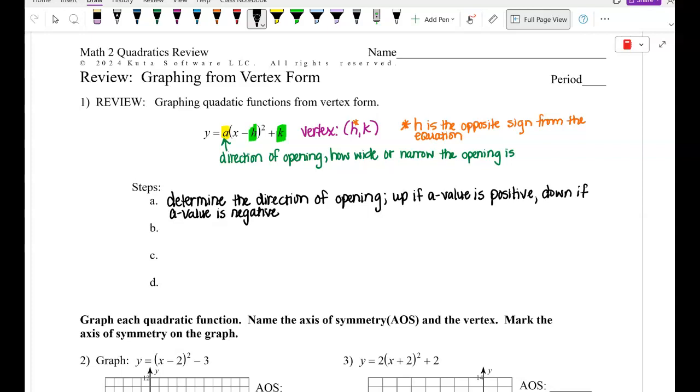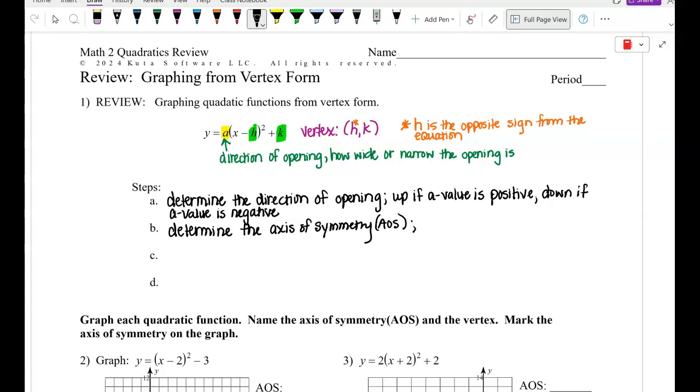The next step, determine the axis of symmetry. In parentheses, I'm going to put capital AOS, how we abbreviate it.